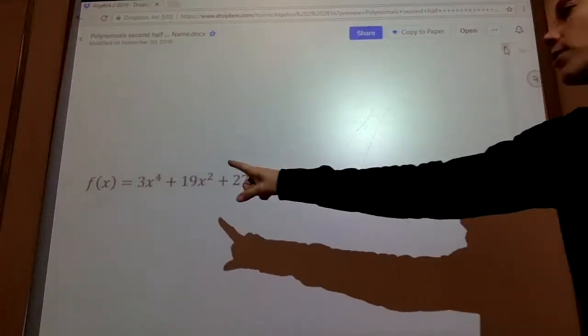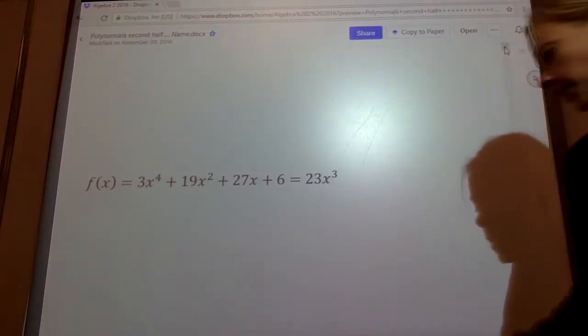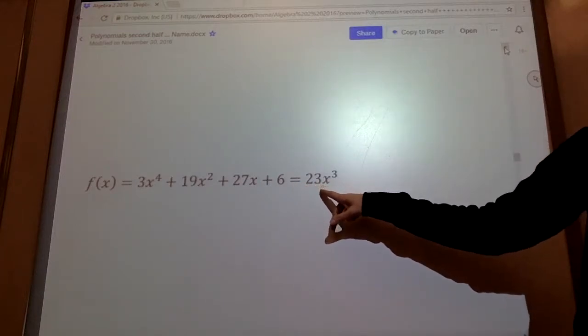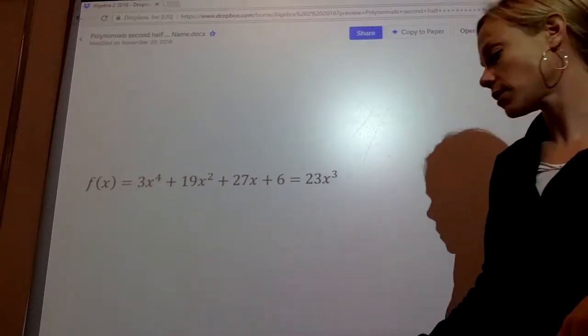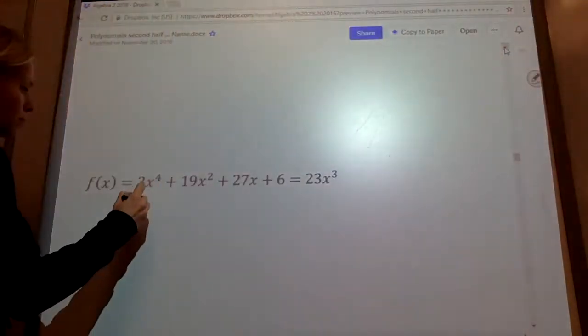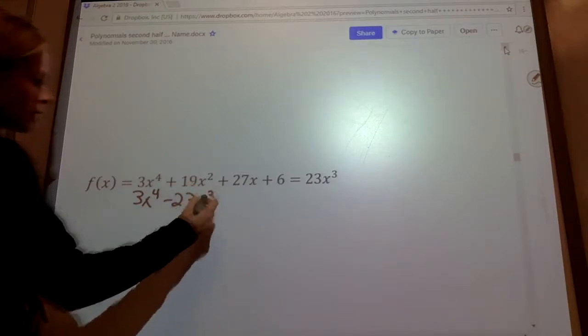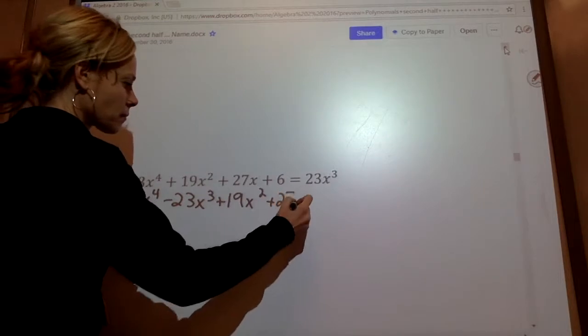Okay, so 4th degree polynomial, I need how many roots? 4. Very good. If you look at this one, see how it has equal 23x cubed? So the first step I would have to do on this one is get that back over on the other side. So rewriting this, I'd have my 23x cubed, then my squared. Okay.